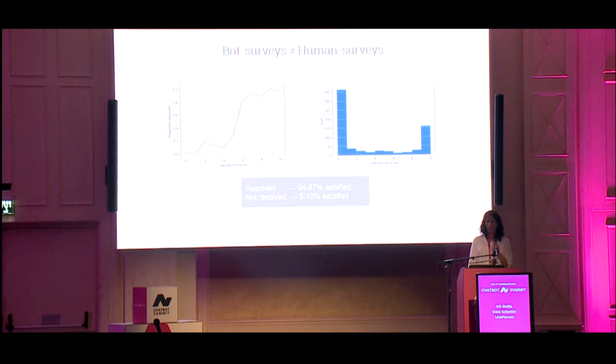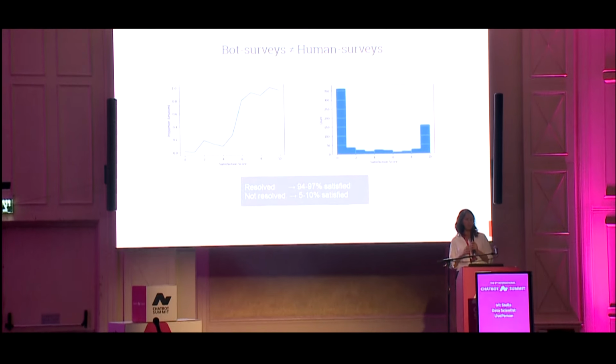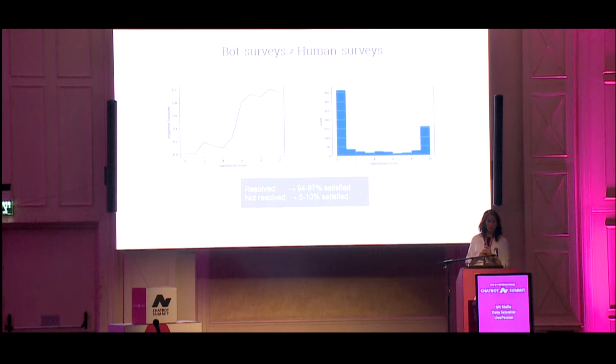So this phenomenon is also a combination of things. I think that a major part of it is that indeed, like we saw before, conversing with a bot can be very frustrating and indeed extremely dissatisfying.